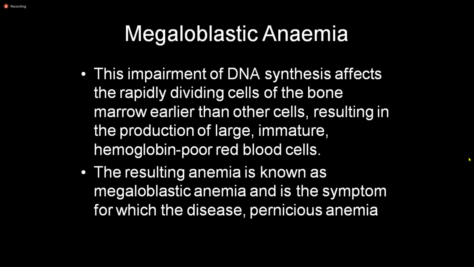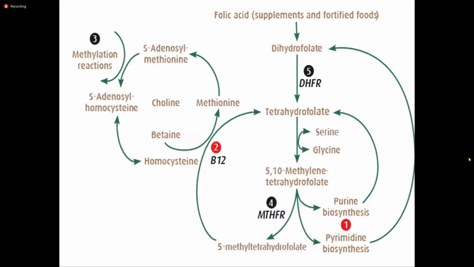RNA is the substance that helps in protein synthesis. Hemoglobin also is a protein. So there is a hemoglobin poor large RBC. That is known as megaloblastic anemia, for which pernicious anemia is the main cause.